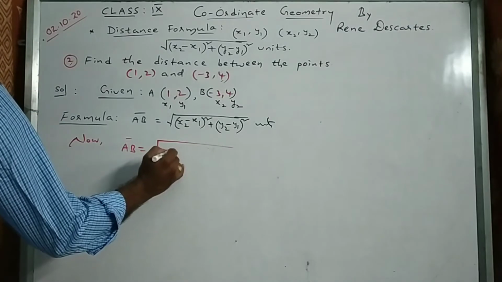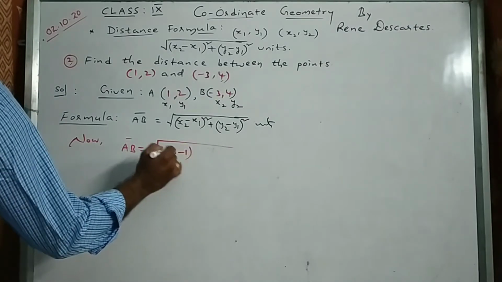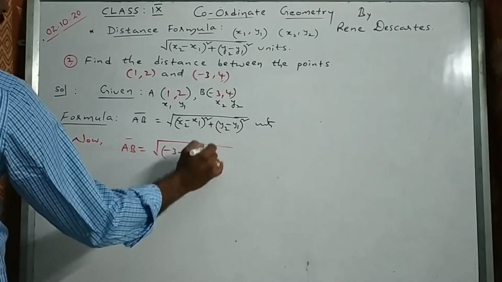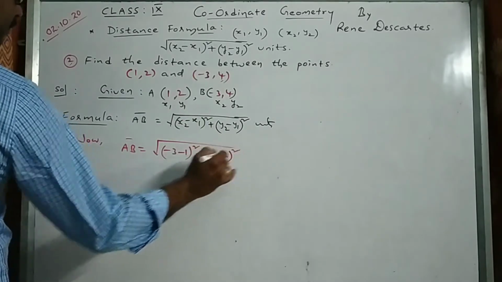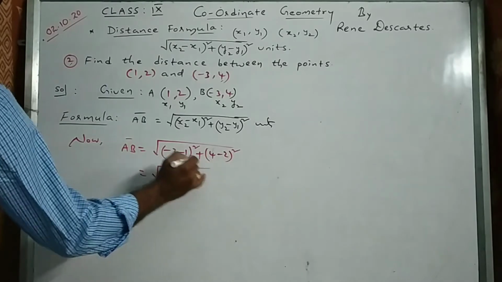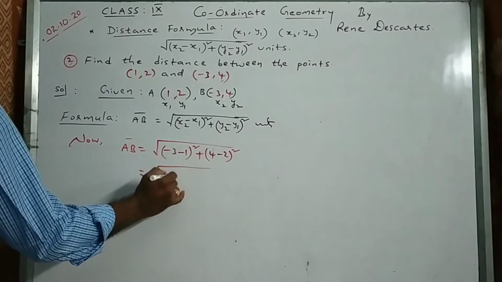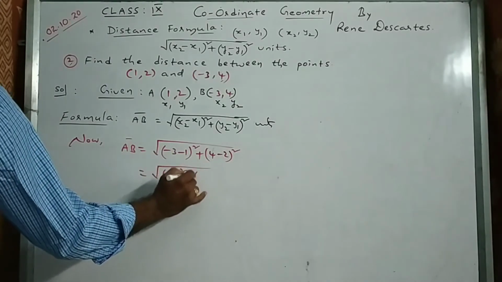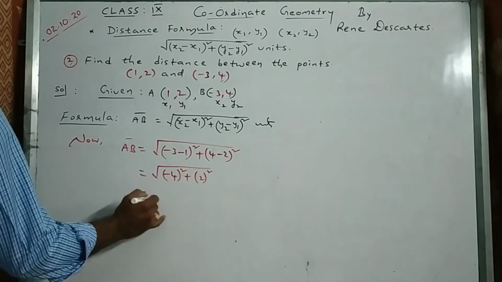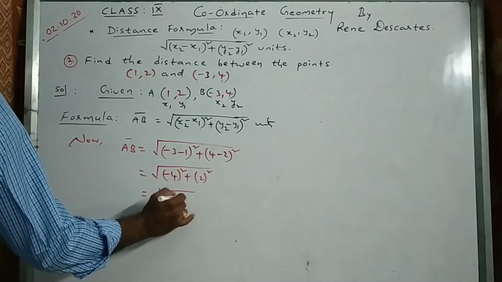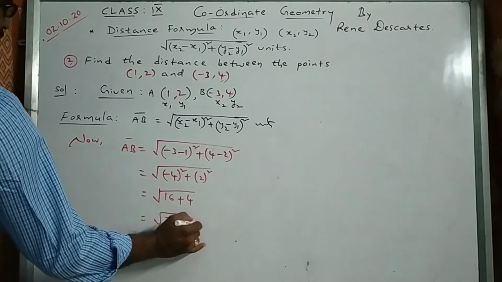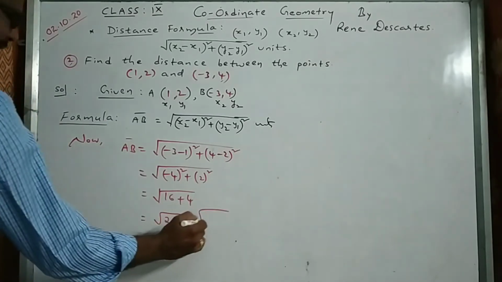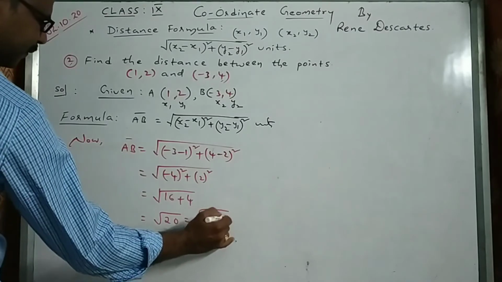x2, which is minus 3, minus x1 which is 1, whole square, plus y2, which is 4, minus y1, which is 2. So square root of minus 3 minus 1, how much? Minus 4, plus 2. 16 plus 4, square root 20. So square root 20, can I express it as 4 times 5?